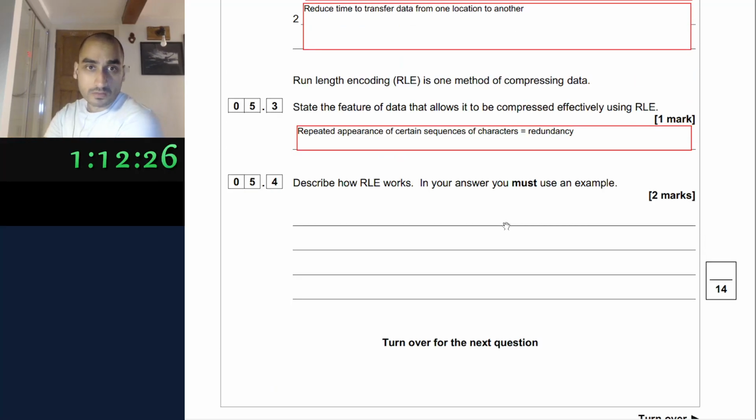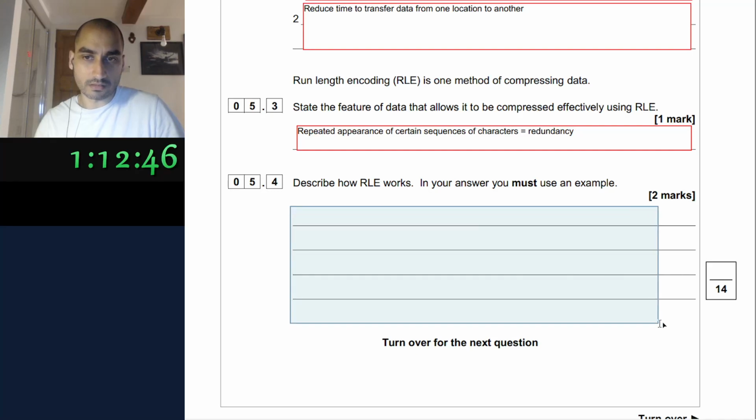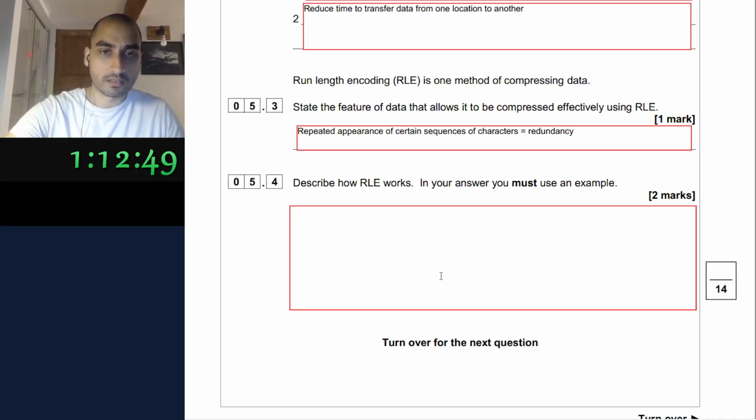Oh, this one we didn't do. State the feature of data that allows it to be compressed effectively using RLE. I don't know what RLE is. Run length. Okay, I reckon you pick a key length, e.g. k equals 16.